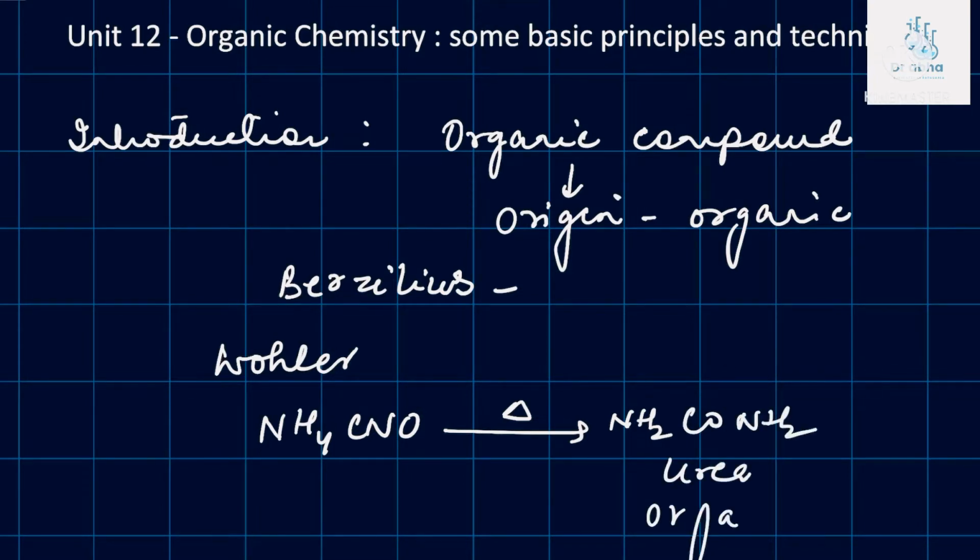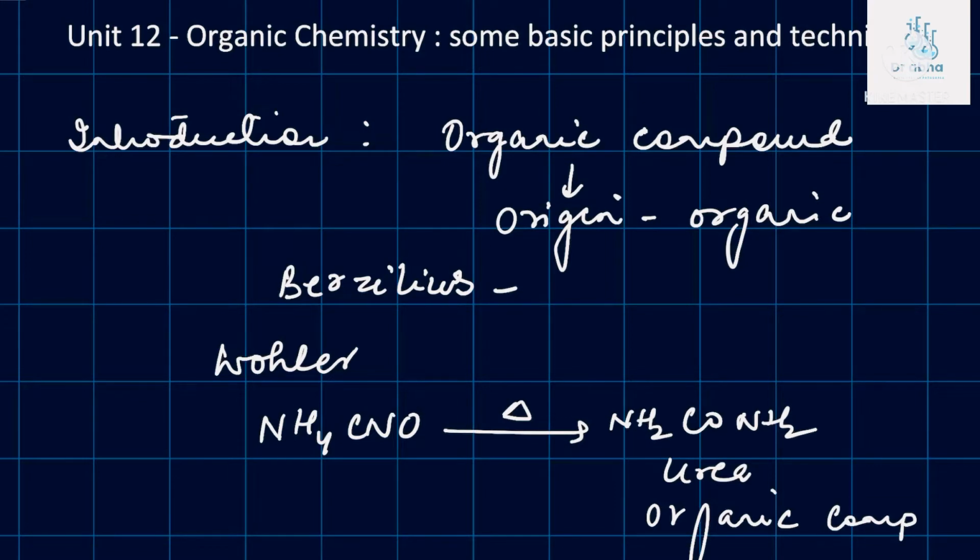So that myth that organic compound can only be prepared organically, that myth was now proved as obsolete, and the new theory that the organic compound can be prepared artificially was also put forward.